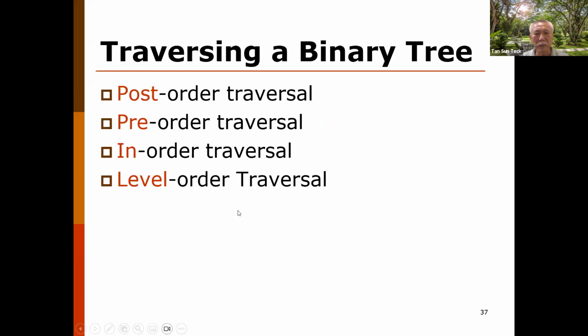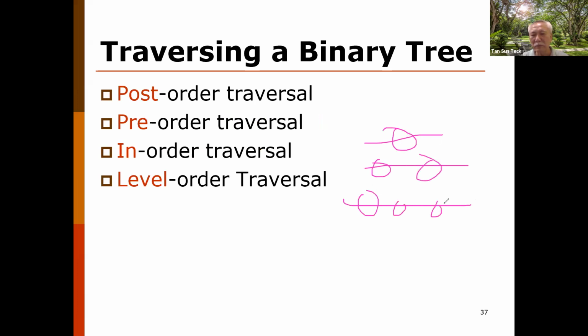We say that there are actually 4 possible orders of traversal: post-order, pre-order, in-order, and level order. You have seen level order already, right? You just traverse level by level and look at the value inside there. This is what we call level traversal. You have seen it already.